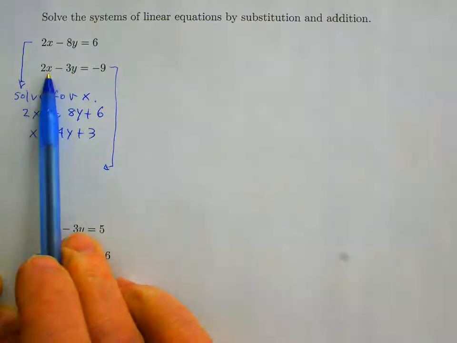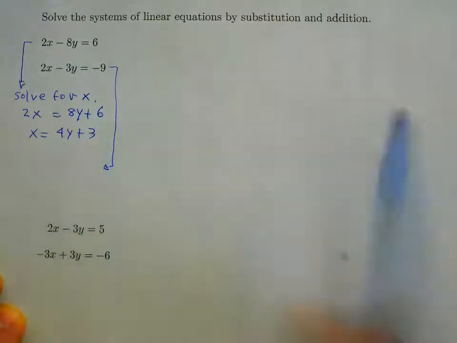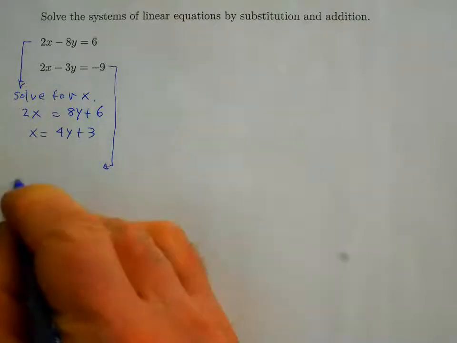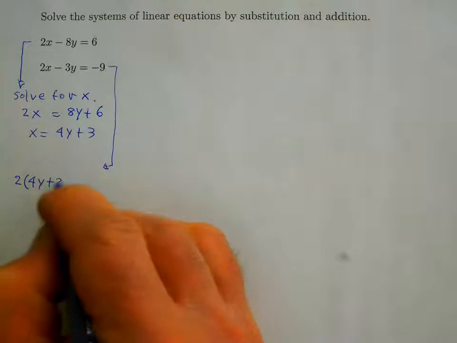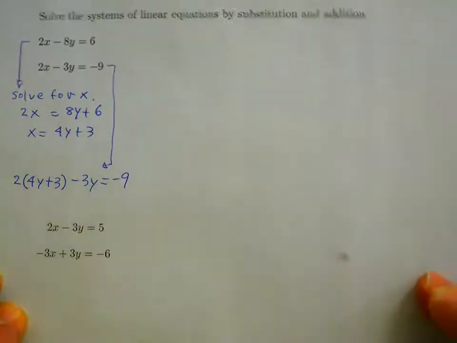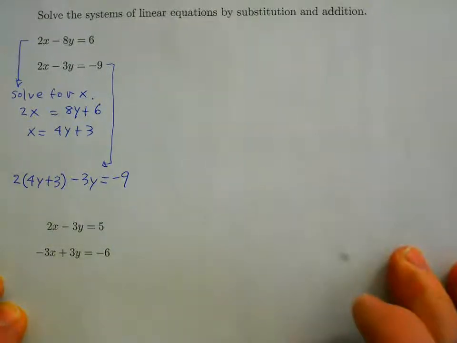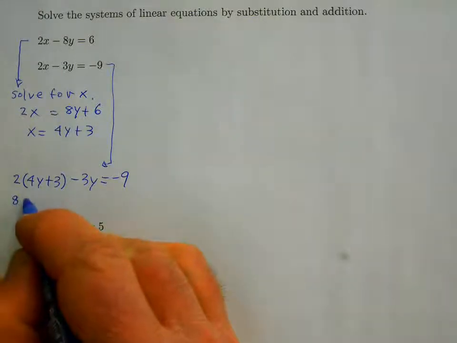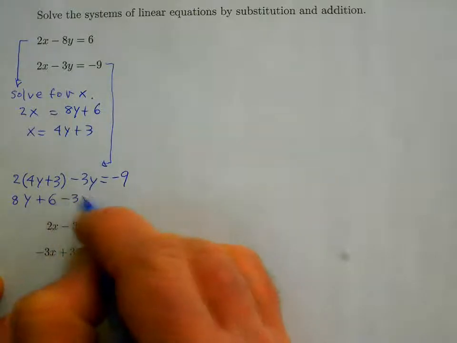Replace x in the bottom equation with 4y plus 3. So 2 times x then becomes 2 times 4y plus 3 minus 3y equals negative 9. And then we solve this equation for y. So 2 times 4y is 8y plus 2 times 3 is plus 6 minus 3y equals negative 9.